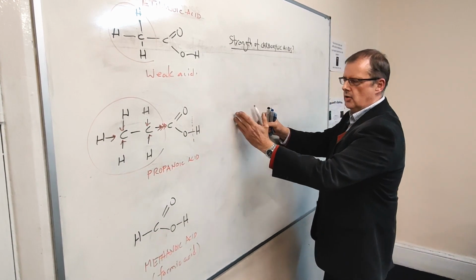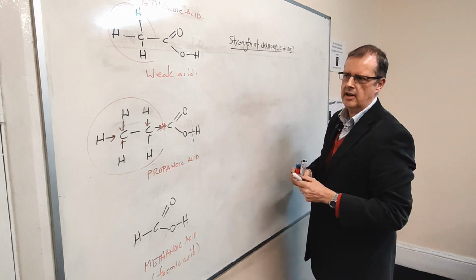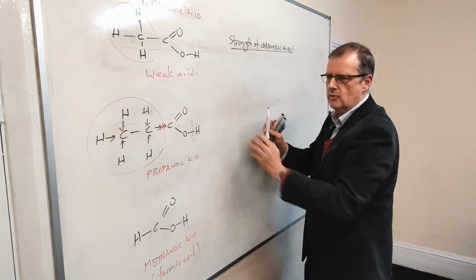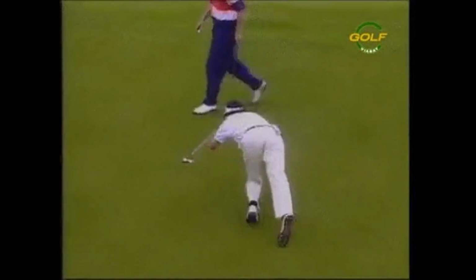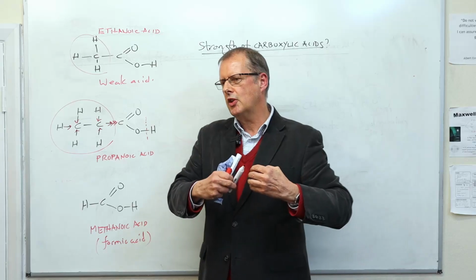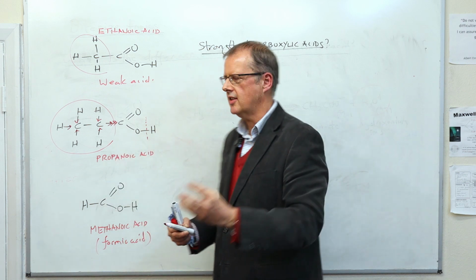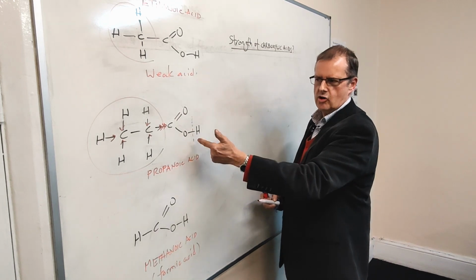I could write the dissociation equation. It would be very similar to the example for ethanoic, but the equilibrium would be further to the left. It doesn't want to break up. It's a fourth division player now. It really struggles to break up. A strong acid dissociates completely or virtually completely. A weak acid dissociates, breaks up only partially.